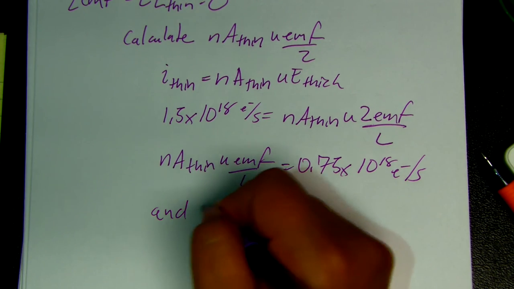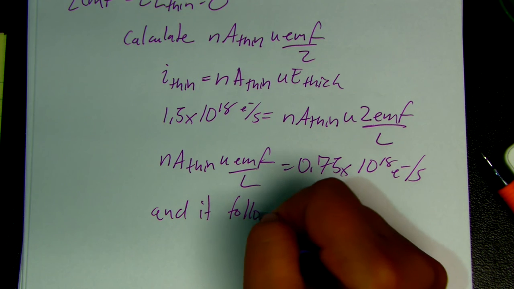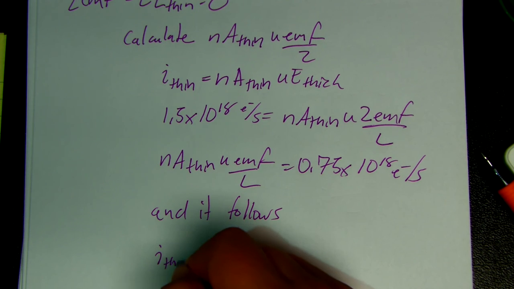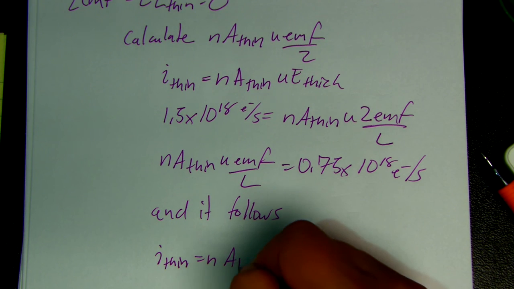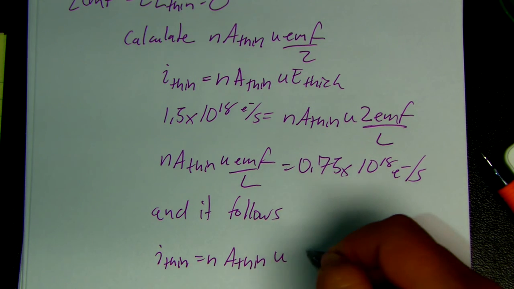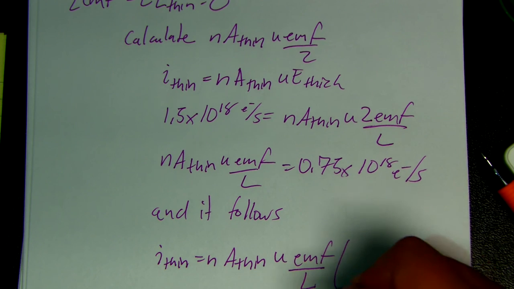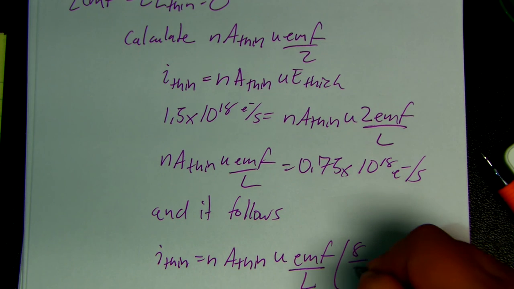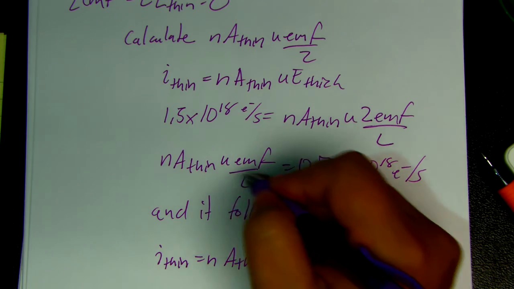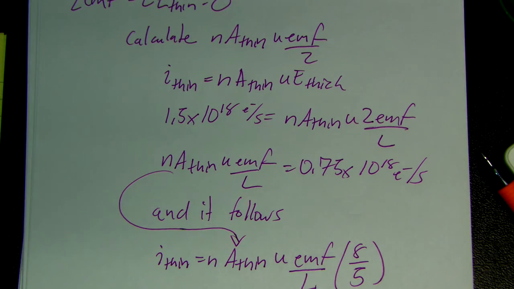And it follows that I thin is equal to n A thin u EMF over L times 8/5. And we have an expression for this that we can plug in.